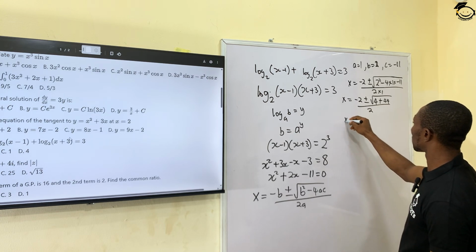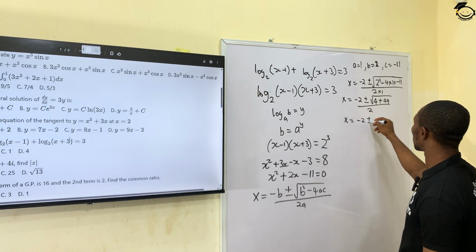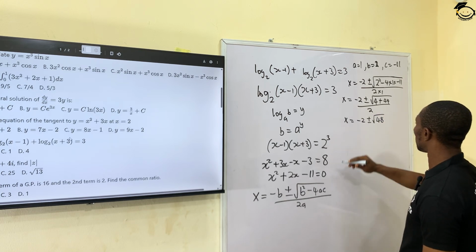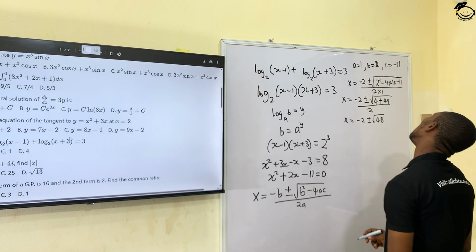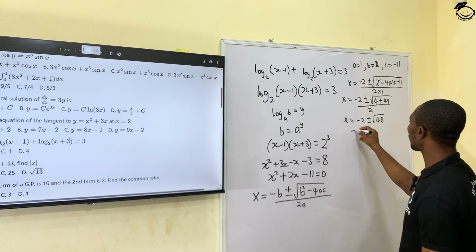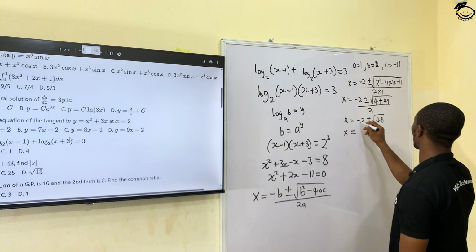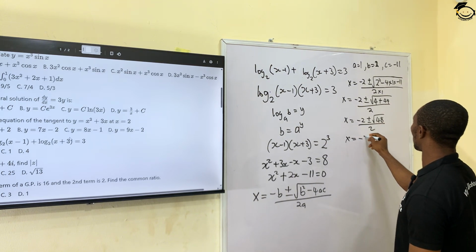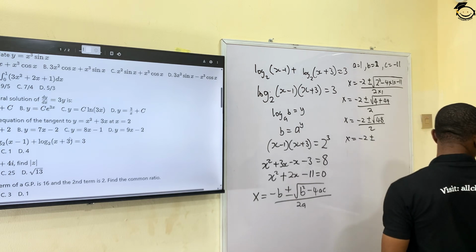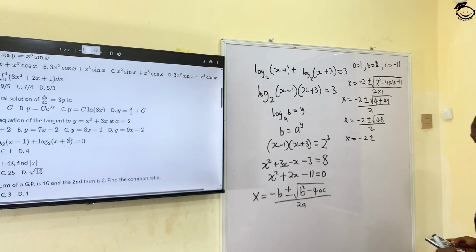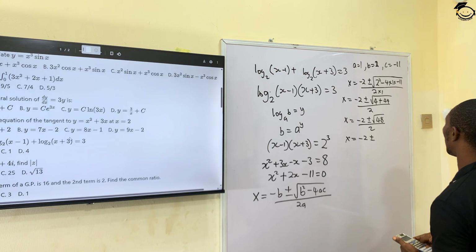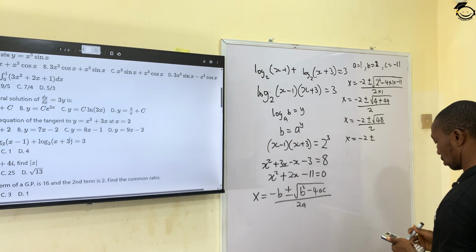Okay, so this will give us x equals minus 2 plus or minus root 48, all over 2. So root 48 is 4 root 3.